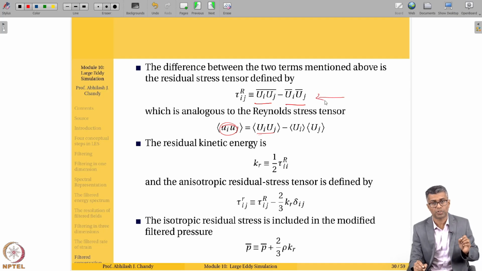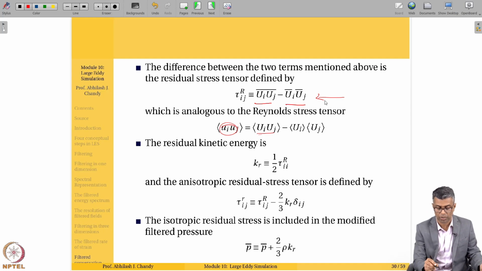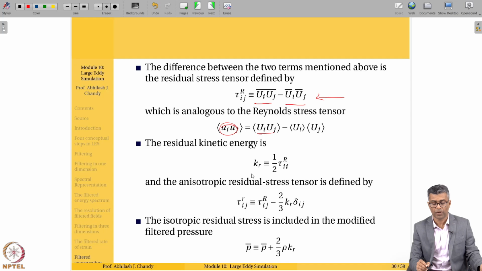If I make j equal to i, then I'm taking the trace of the residual stress tensor: tau_11^R plus tau_22^R plus tau_33^R. Half of that trace is the residual kinetic energy. So we call that Kr, which is half tau_ii^R.